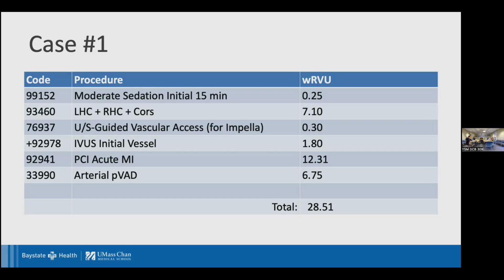And earlier you mentioned that if you do an LAD PCI by itself, it's a 92928. And if you do a circ, you said it's another 92928, not a 92929. Yeah, so 92929 is a great point. 92929 is the code for side branches. It was introduced in the 2013 code set revision, and CMS did not accept any RVUs for it.